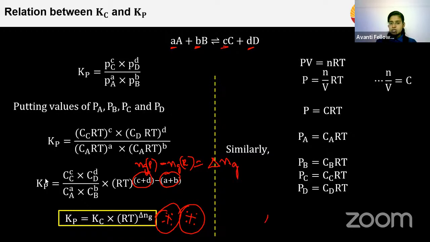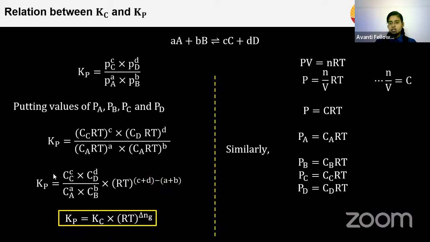Got it? Suppose I want to write delta H, what will I do? I will do final enthalpy minus initial enthalpy, right? In the same way, it is written as delta Ng. Can you understand? Mahalakshmi, do you have a doubt in this? Yes.